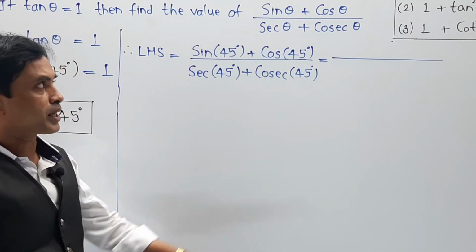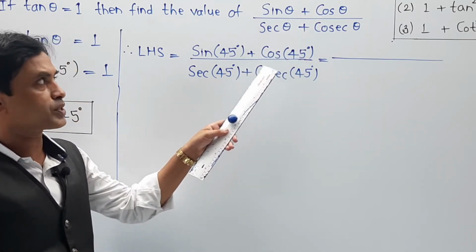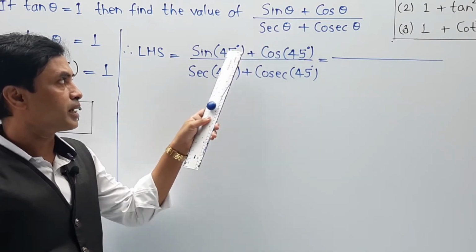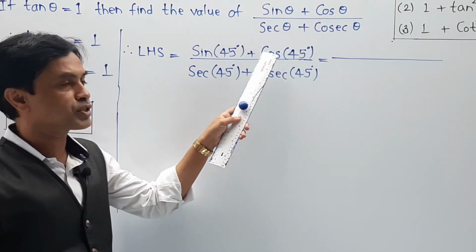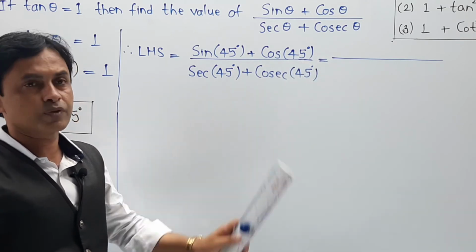This is the first part done from modification, where theta gets replaced by 45 degree.